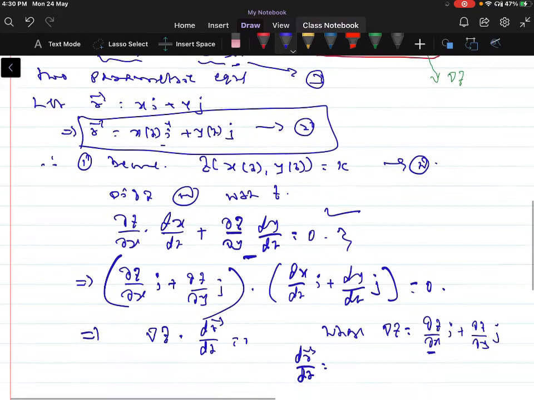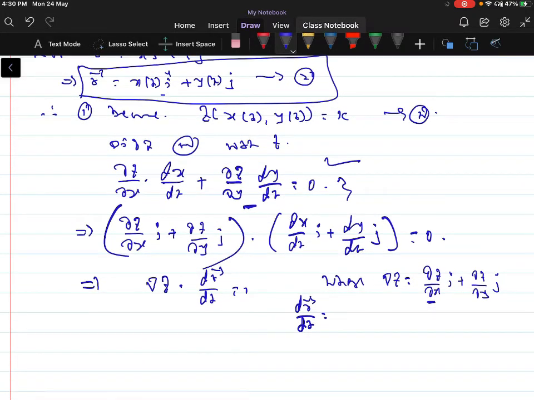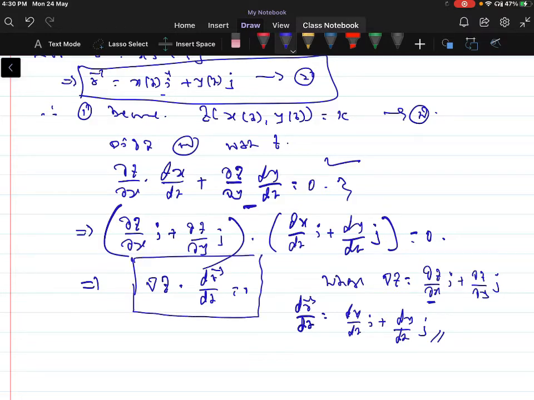So when you differentiate with respect to t, dr/dt is dx/dt into i cap plus dy/dt into j cap. Therefore gradient of f dot dr/dt is equal to 0, which means, where gradient of f and dr/dt are two vectors, when the dot product of two vectors becomes 0, gradient of f is perpendicular to dr/dt.